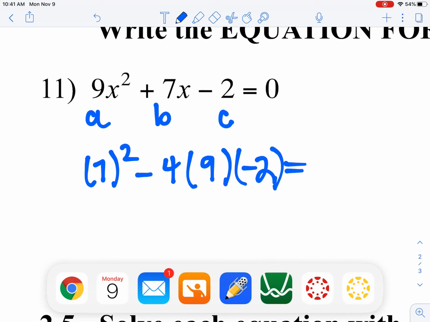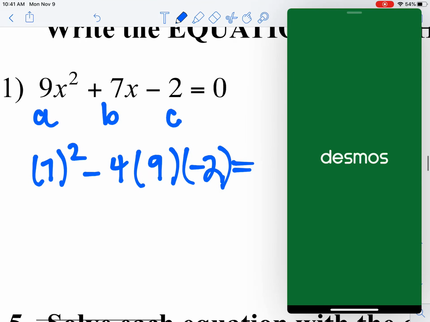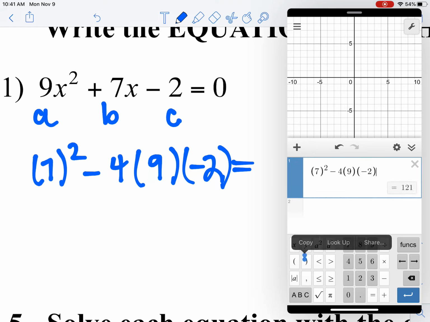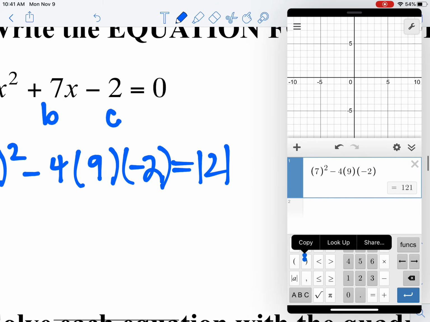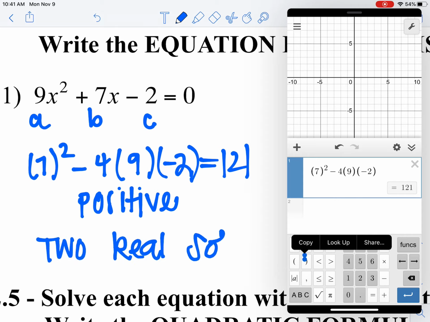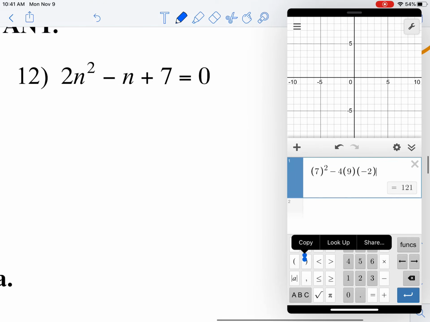Now I'm going to pull up Desmos and do 7 squared minus 4 times 9 times negative 2, which is positive 121. Because it's positive, that tells me I will have 2 real solutions.